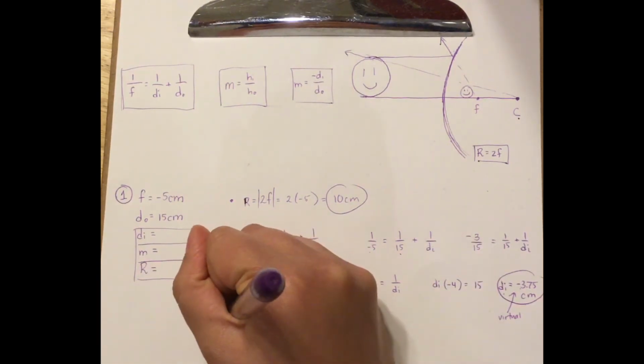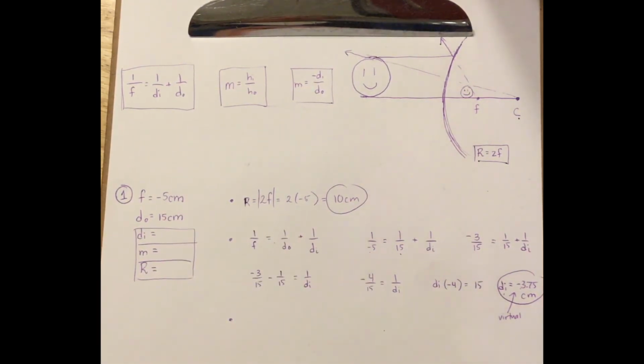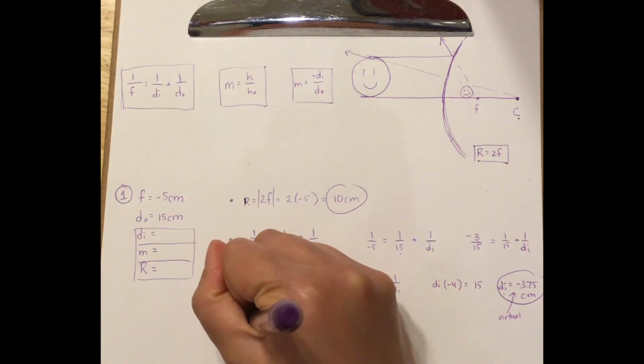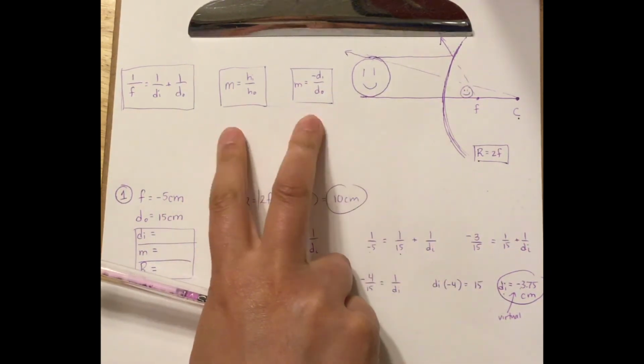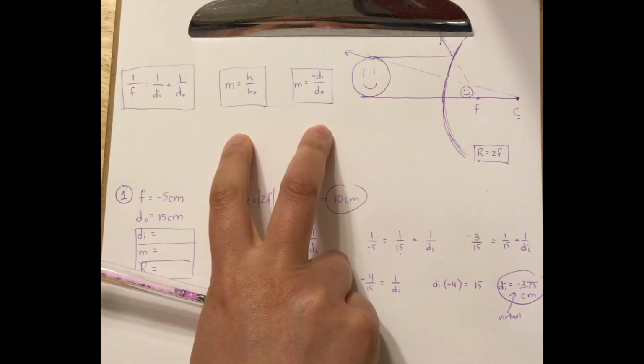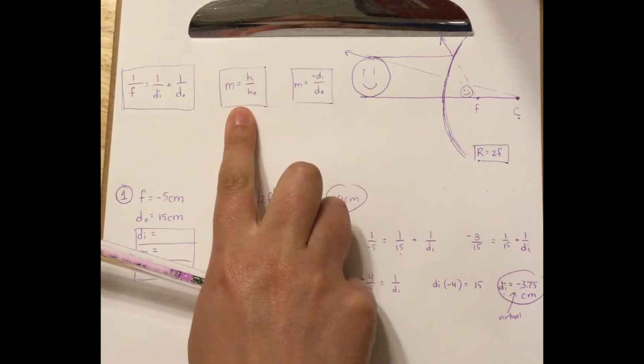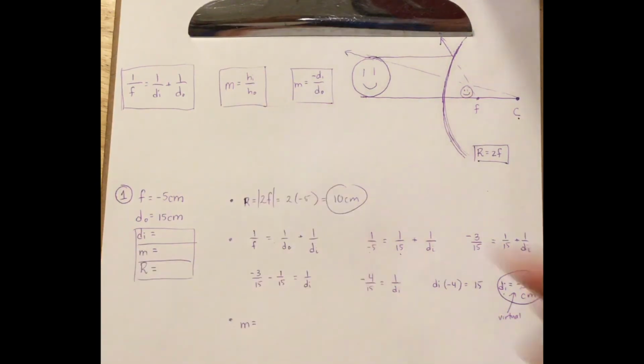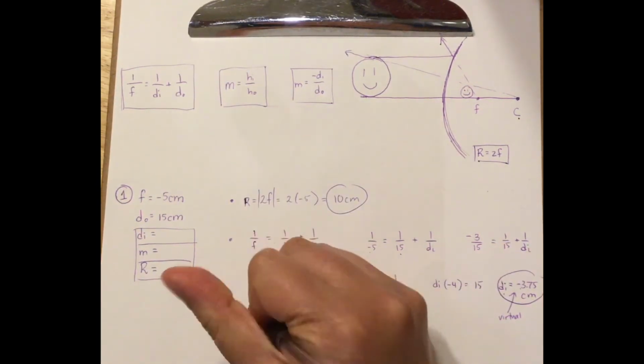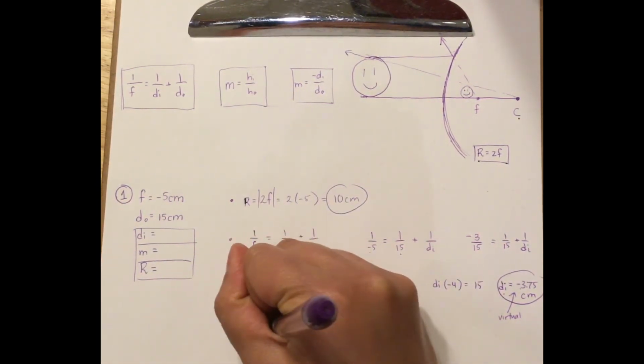Finally, let's get the magnification. Magnification, I can either use one of these two right here. I'm gonna choose to use this one since I don't know the object height to get the image height. So magnification is negative di over do.